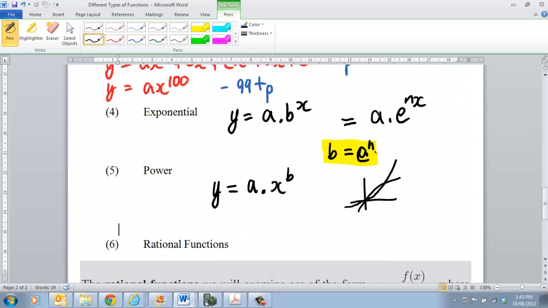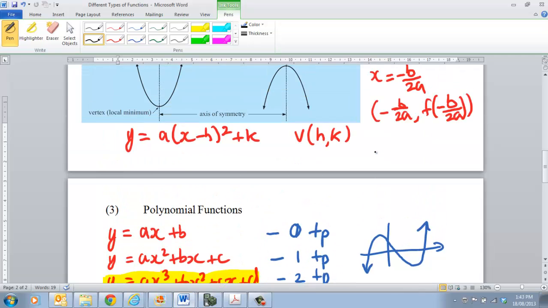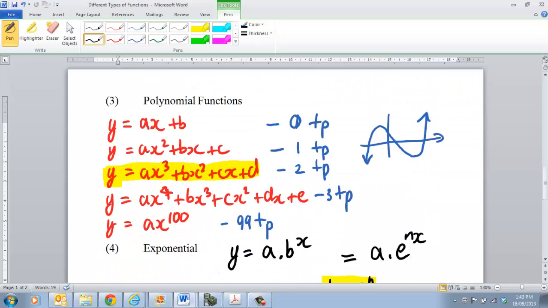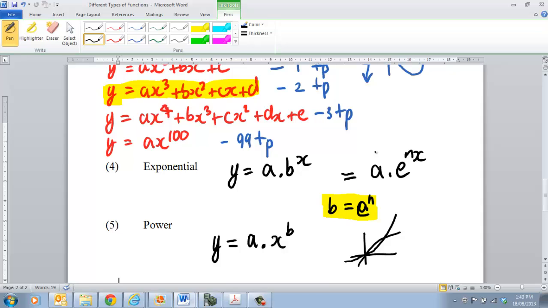Now, the key thing is, all a function is, is a way of representing one variable against another variable. In our last investigation, we were looking at modelling exponential functions to verify this particular formula, and hopefully that helped you in terms of understanding what the a and b do.